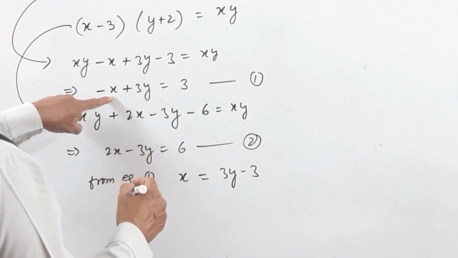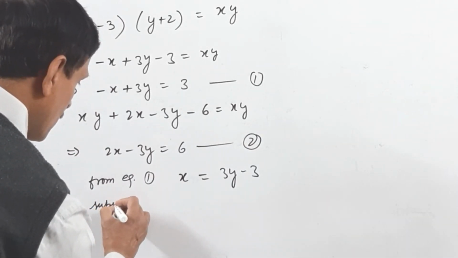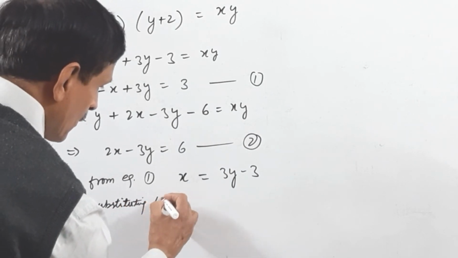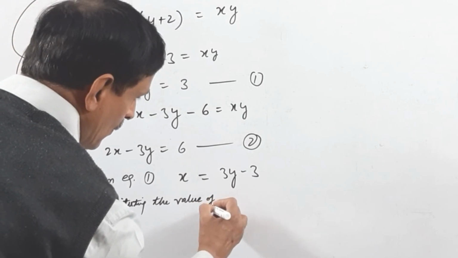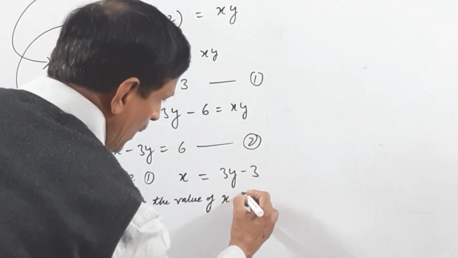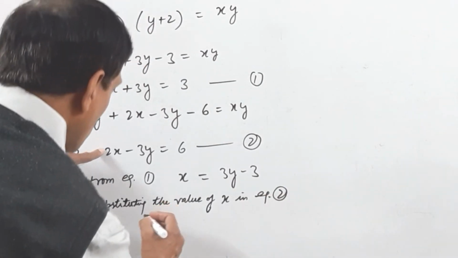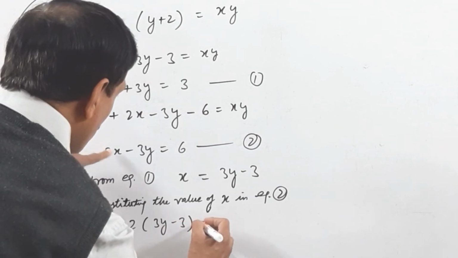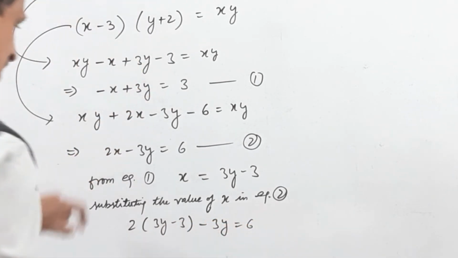Substituting this value in the second equation, in equation 2, 2 into 3y minus 3 minus 3y is equal to 6.